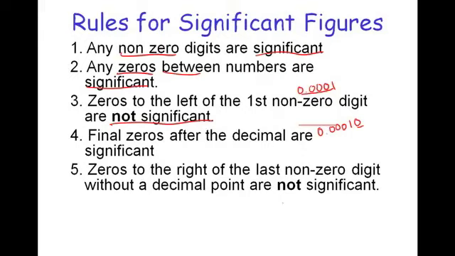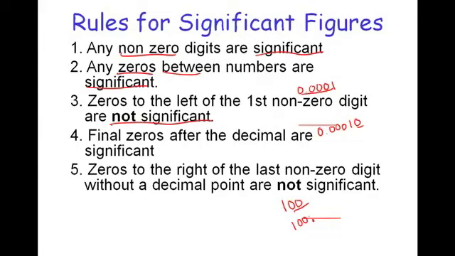So in other words, if we have 1, 0, 0, these two zeros are not significant. However, if there was a decimal place, then those zeros would be significant.